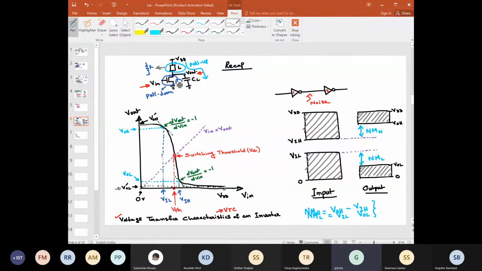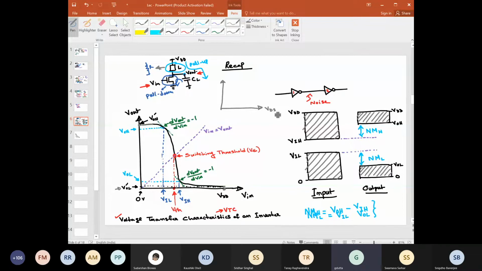Once the threshold voltage has been reached, the current will start flowing, and the output will start falling down. If you have difficulty understanding why it should fall quickly, you can consider the load line, or if you want, I can draw it quickly here. So we are drawing the load line.